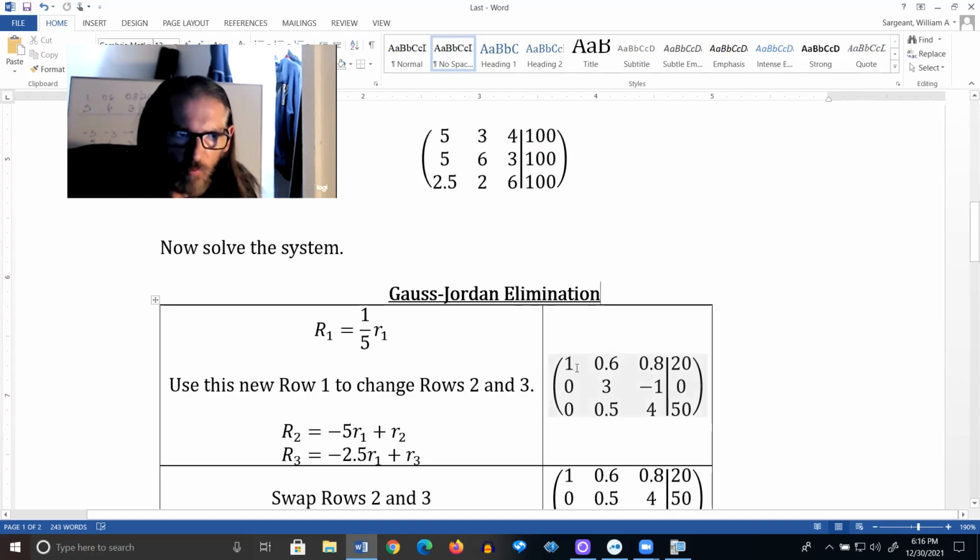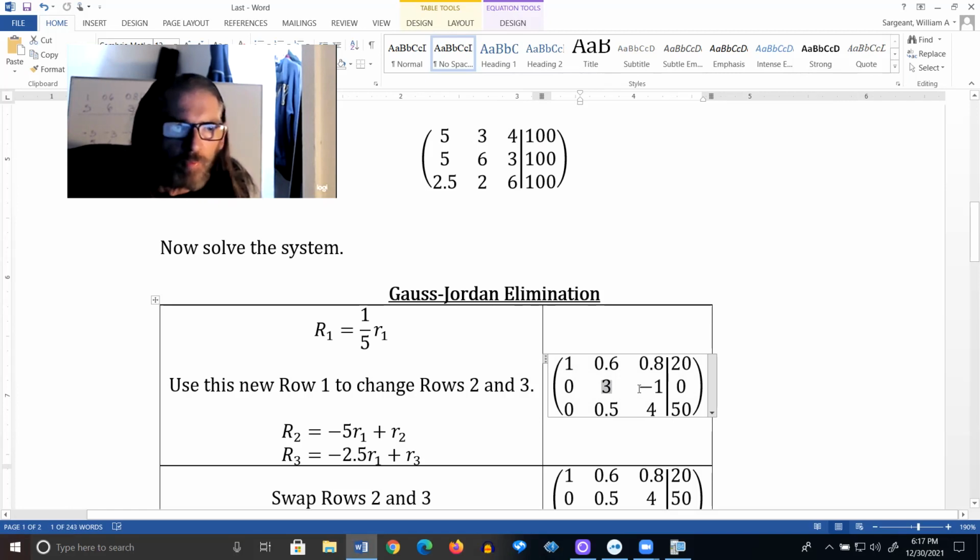in column 1. Moving along to column 2, I want to get a 1 here along the diagonal. I could divide everything in row 2 by 3. That would be fine, but I would not want to do any rounding.